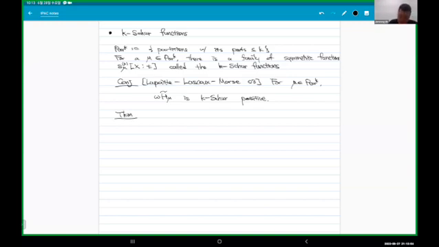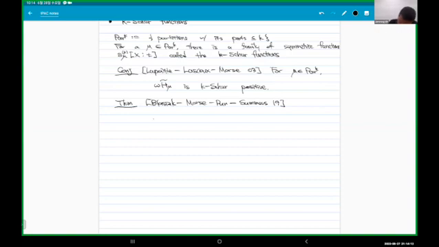And a recent theorem of Blasiak, Morse, Pun, and Summers. They have a bunch of results, but they proved that the K-Schur function is Schur positive.